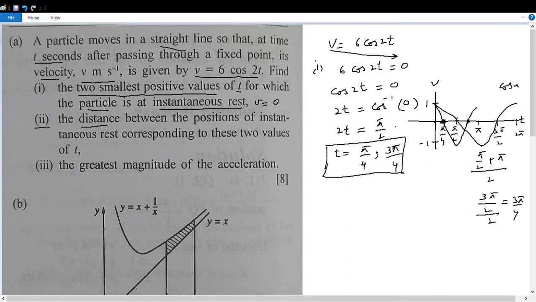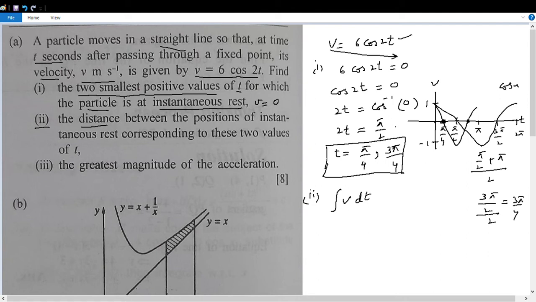When you are supposed to find distance from velocity, you integrate it with respect to t, but you have to apply limits.